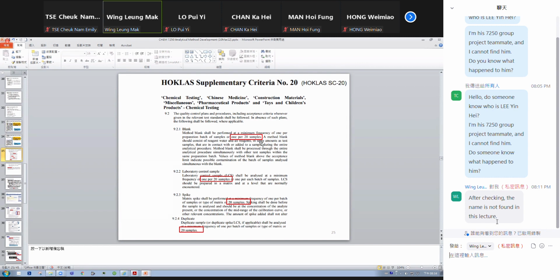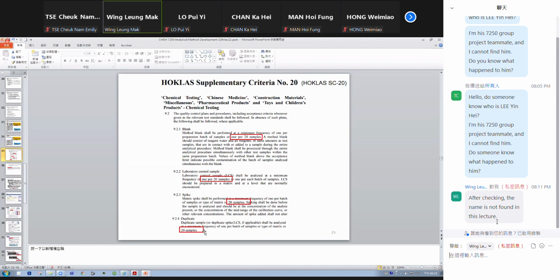Okay. Laboratory control samples: the laboratory control samples are also 1 per 20 samples. You need to analyze 1. Okay. Spike: you add the known concentration to one of the samples every 20 samples.